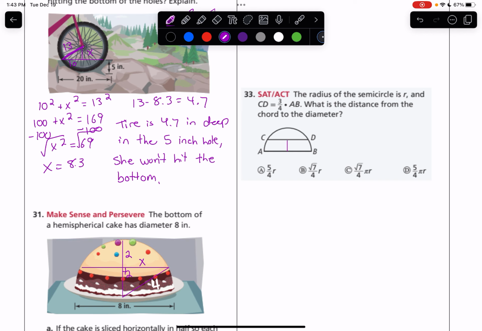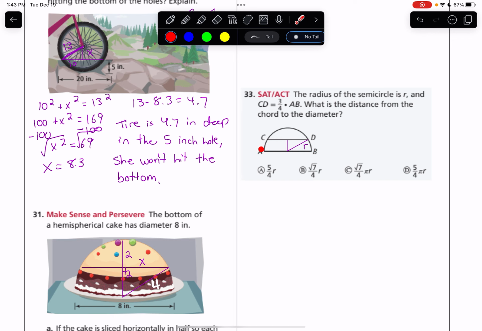So let's think about how we might be able to do that with a well-placed radius. If the radius is here, we can call that radius R in the right triangle that we create. And it also says that CD is 3/4 the length of the radius.